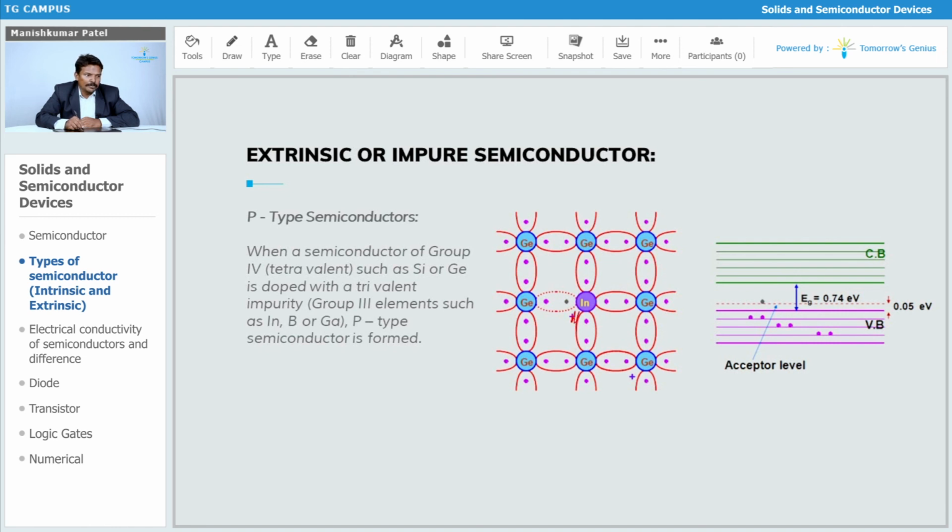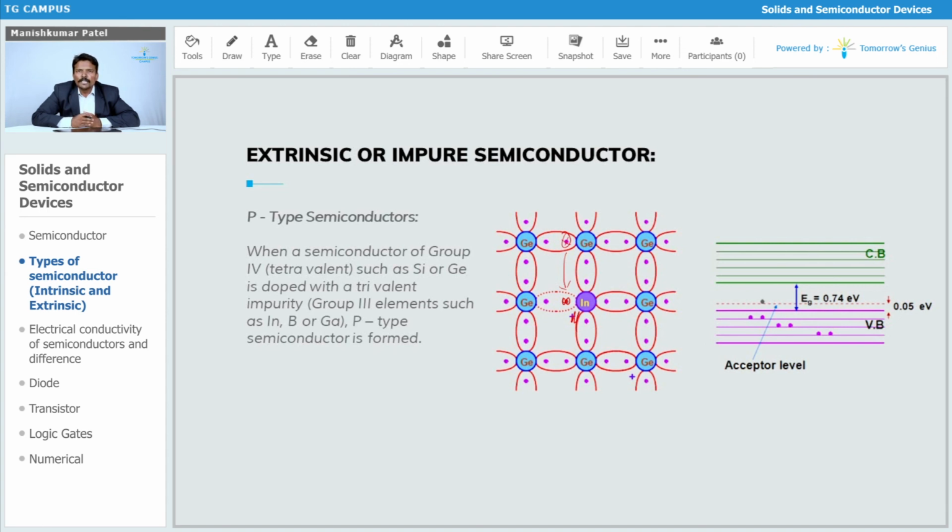When I say it is a vacancy, that means another electron can fill this vacancy. The bond might break somewhere else, and that electron will come over here. So the hole now gets shifted. Likewise the hole is continuously shifted in a particular direction, which constitutes the current, mainly because of holes.